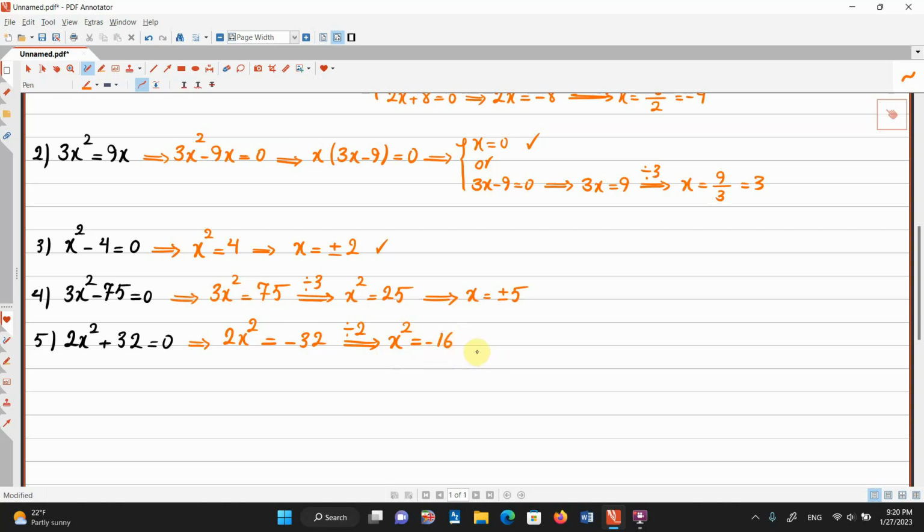And from here, straightforwardly, you can conclude there is no real solution. Then, whenever in solving an incomplete quadratic equation of the second type you reach x squared equals a negative number, you can straightforwardly say no real solution.